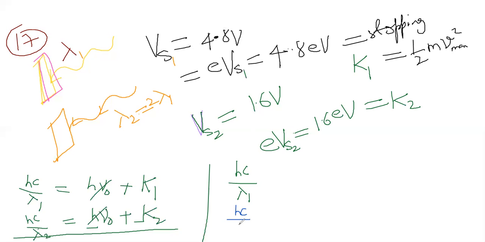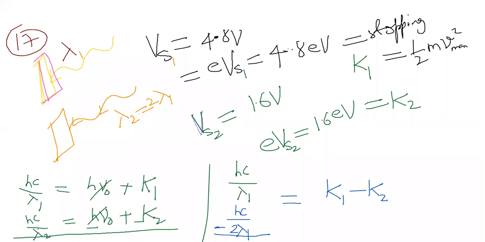But when you send it that side, it will become 2 lambda 1 by lambda 1. You have to take hc as common.